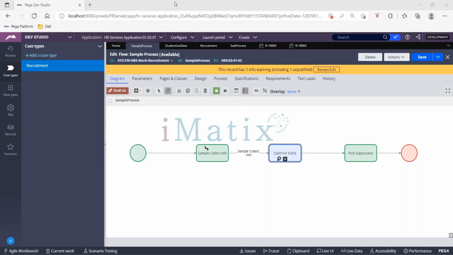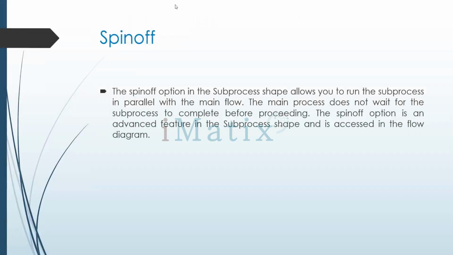There's one more functionality, which is spin-off. In the earlier two, split for each and spin-off, they are more like sub-processes. I mean, they had some dependency. When my case has to proceed further, I will check these statuses whether they are complete or not, and then I will move forward.